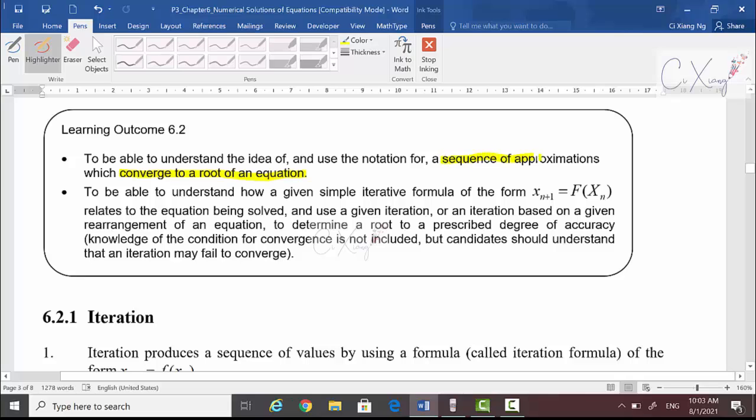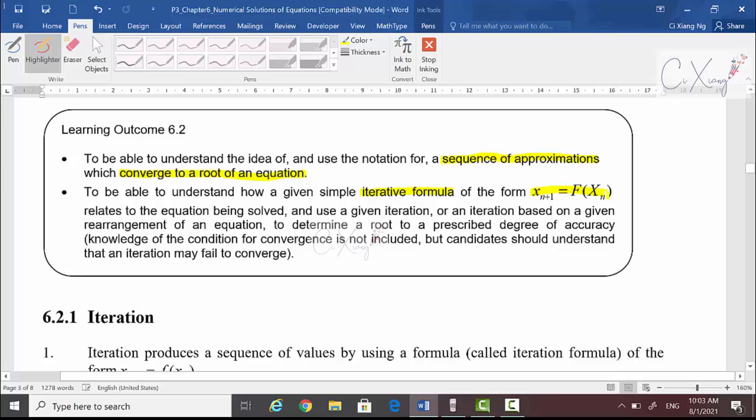After that, a sequence of approximations. When we use the iteration method, in your steps you need to list out a list of numbers, which is a sequence of approximations. The details of how we apply it, we'll learn later. They also want you to understand a given simple iterative formula, so you need to know the meaning of an iterative formula. It is in this form.